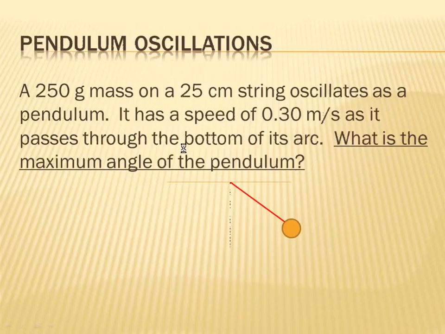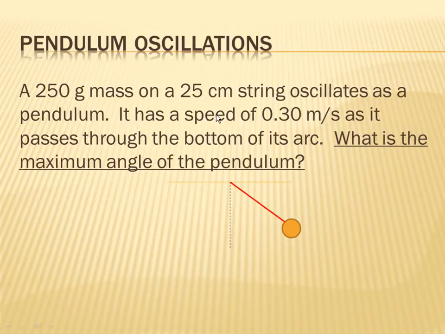The third and last problem involves a pendulum, which is also a simple harmonic system, because the pendulum bob continues back and forth to cover the same path that it had before, and it has a restoring force, which is what a spring system has. So here we have a mass of 250 grams on a 25 centimeter string.